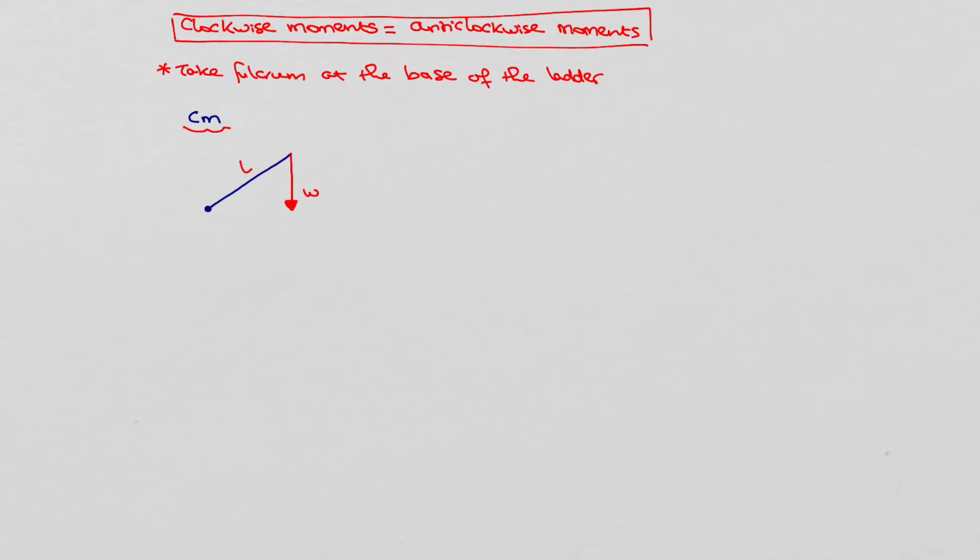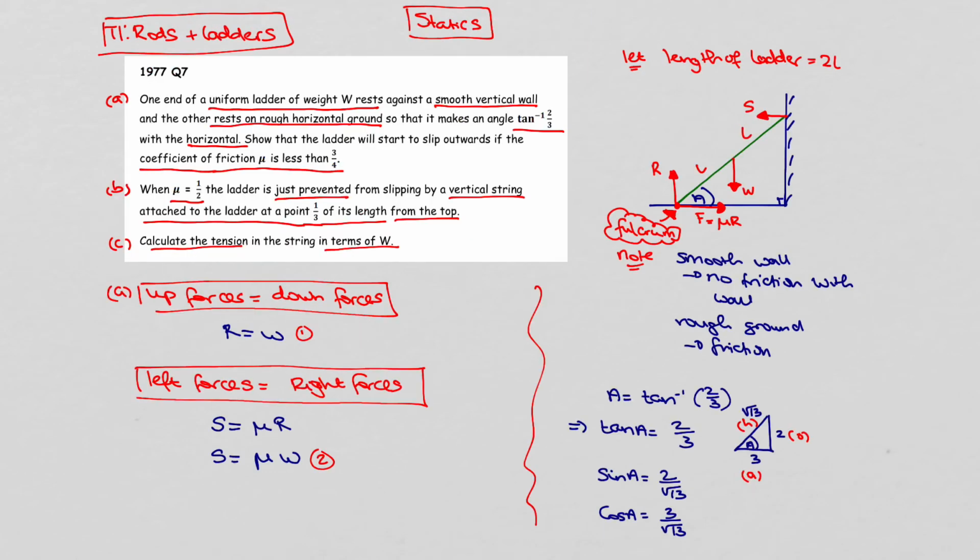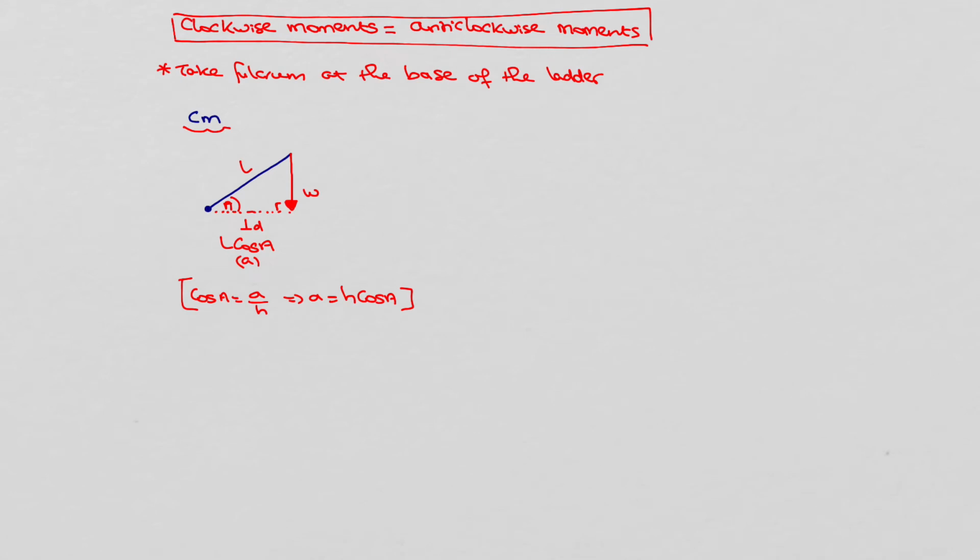The distance along the ladder to the weight is L, so my perpendicular distance can be found by looking at L cos A, which is the adjacent side, because cos A is our adjacent over our hypotenuse, where our hypotenuse is L, and cos A we can say is 3 over root 13. So that's going to be 3L over root 13.